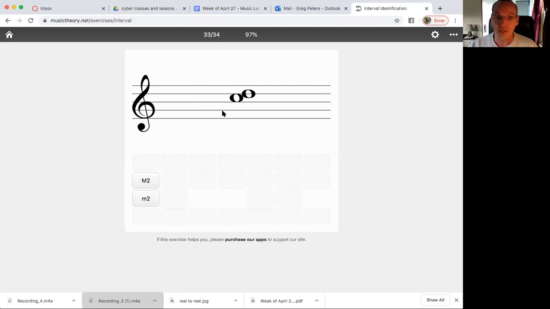As I pointed those out to my student, it was like, oh yeah, I do remember those. We learned those in elementary school, right? That the spaces spell the word FACE, F-A-C-E. And one of the memory sentences we can use to remember the lines in treble clef: every good boy does fine, or every good boy deserves fudge.